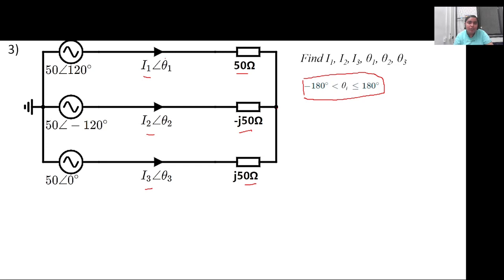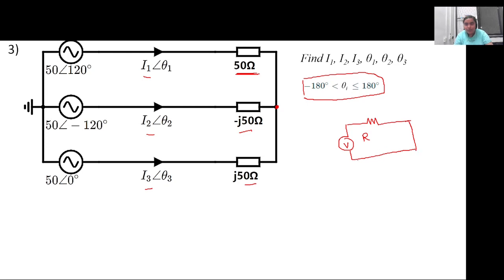But what is the voltage across this 50 ohm resistance, for example? You do not have the voltage across this branch, right? If there is a resistance here and a voltage connected here, until and unless this is the only thing connected across it, you can't calculate it, right?